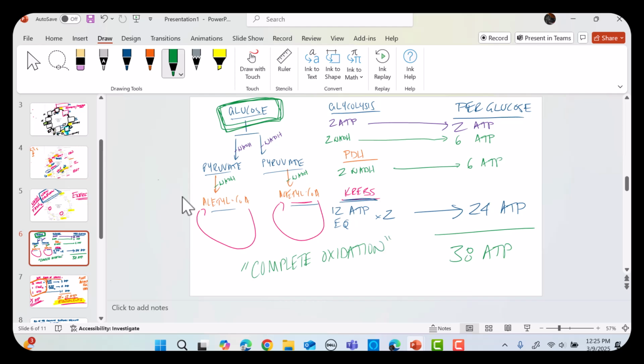So the complete oxidation of one molecule of glucose gives me 38 ATP. The term complete oxidation means take all the equivalents, convert them to the real thing. So 38 ATP, not accounting for heat.